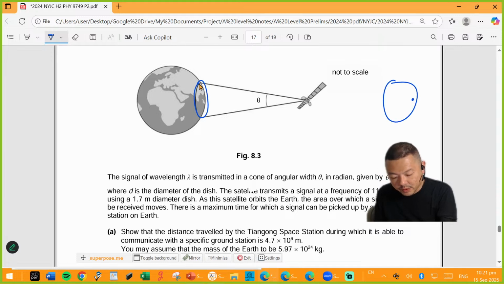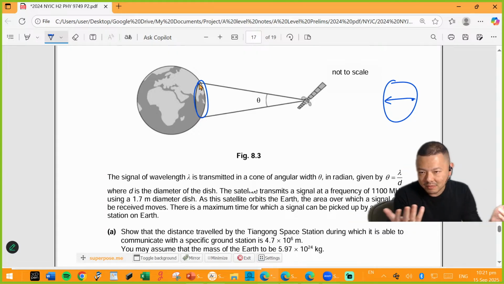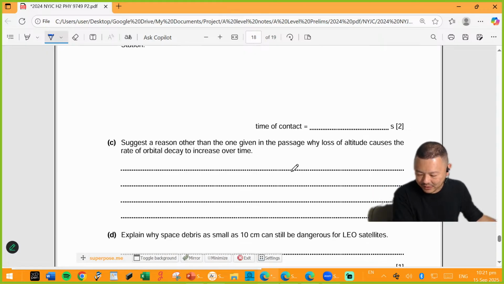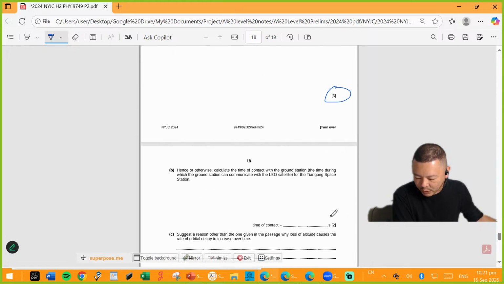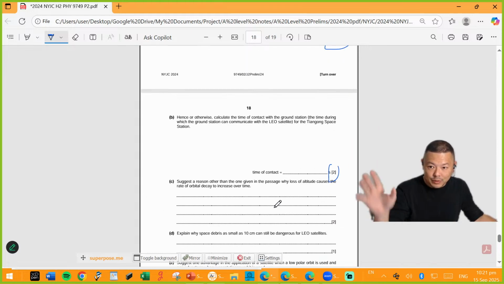The Earth will rotate past this point, then the satellite will lose contact with that point. The first part of the question is based on whether you understand how this thing works. If you don't understand the first part, you would have lost 5 marks.